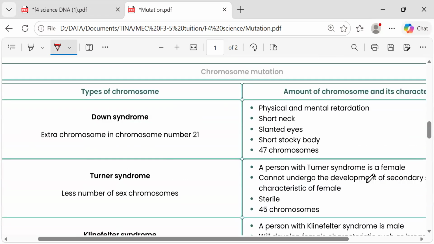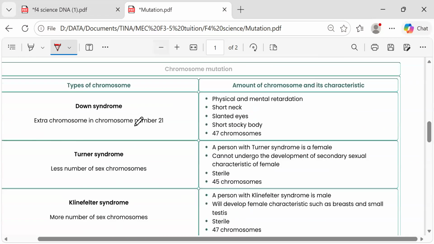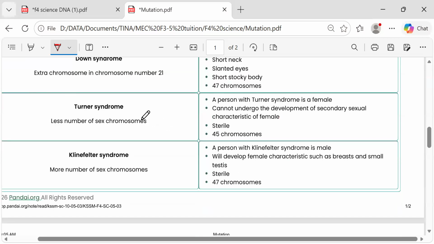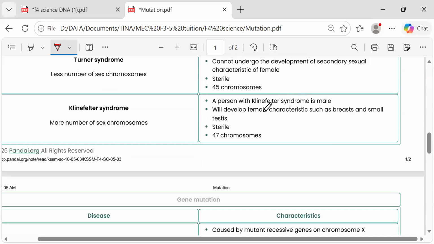Let's quickly go through this. Down syndrome: mental retardation, short neck, slanted eyes, 47 chromosomes. Turner syndrome: XO, a girl, but underdeveloped, with no menstrual cycle. Klinefelter: a male with slightly female characteristics.